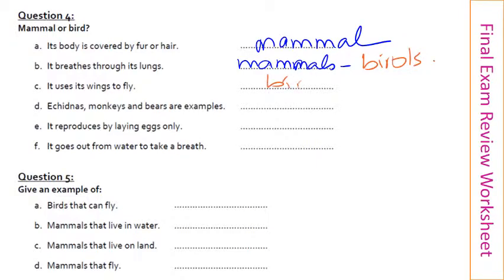These are birds. Echidnas, monkeys and bats are examples. These are examples of mammals. It reproduces by laying eggs only. Birds, because mammals give birth. It goes out from water to take a breath, like the whale and the dolphin. Mammal.